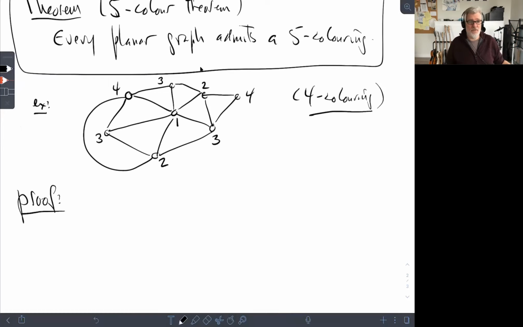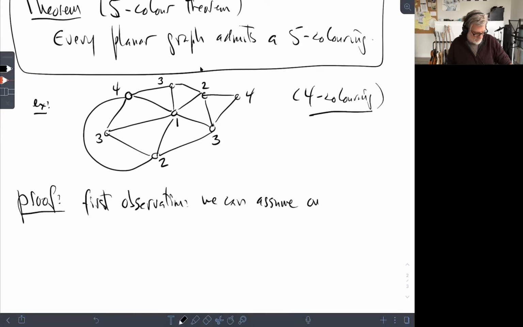Okay, first observation. Yeah, let's write that. So first observation, we can assume our graphs are connected, right?